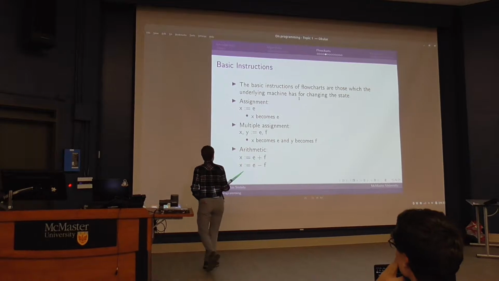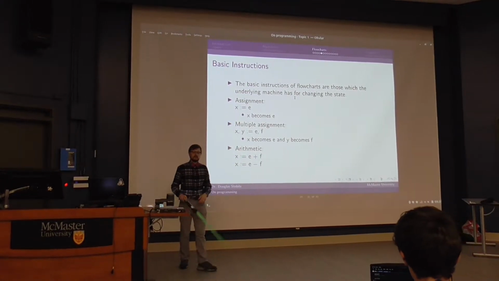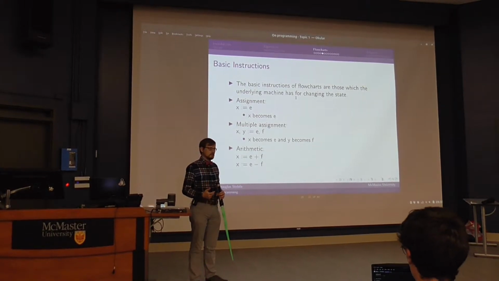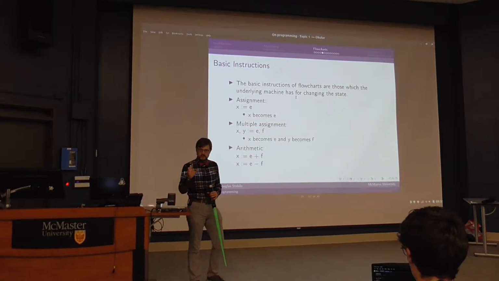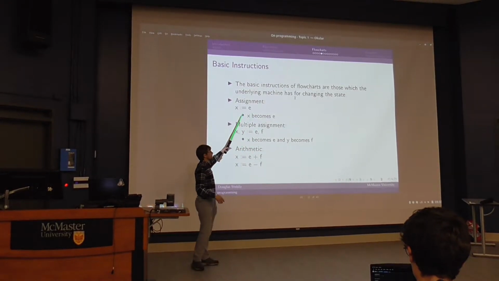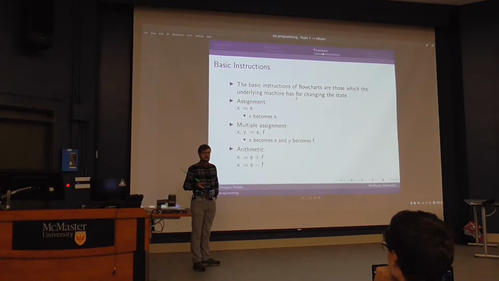Anyway, so the notation on this slide is slightly strange with respect to programming in Python. In fact, in most, if not all, C-based languages, the symbol which is used for assignment is just one equals sign.